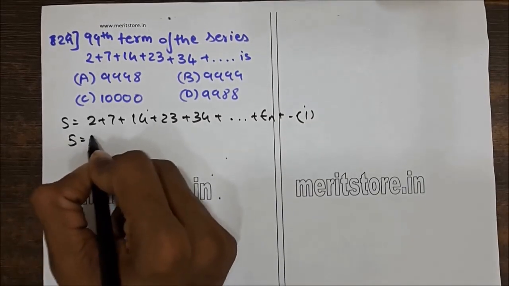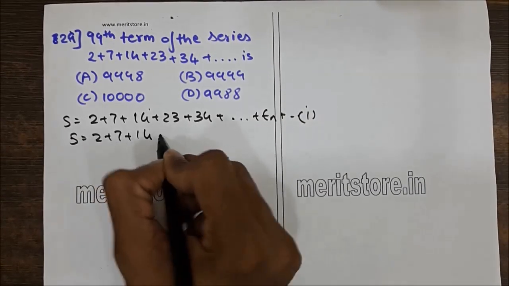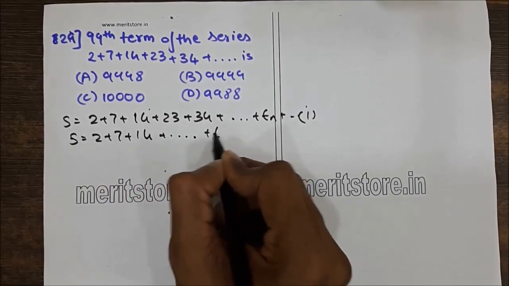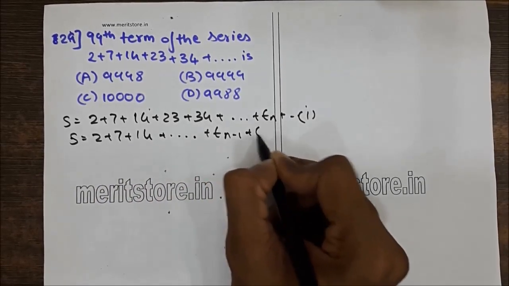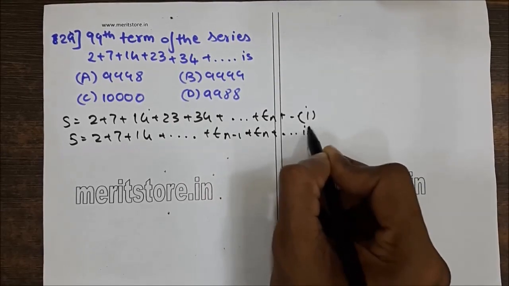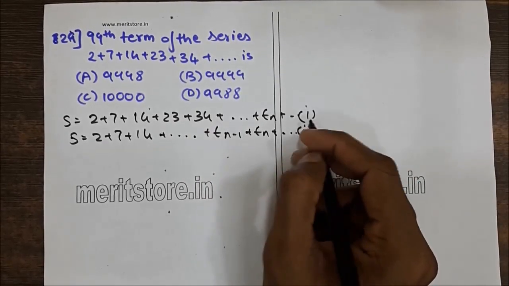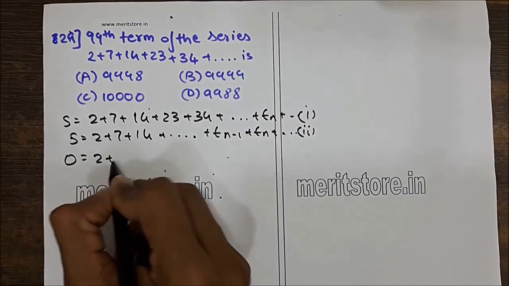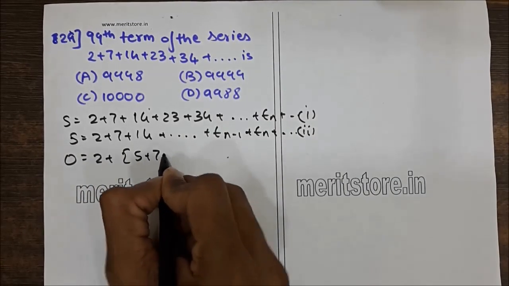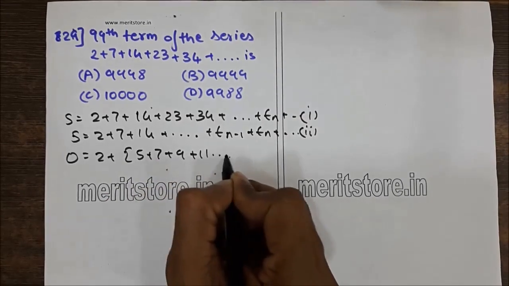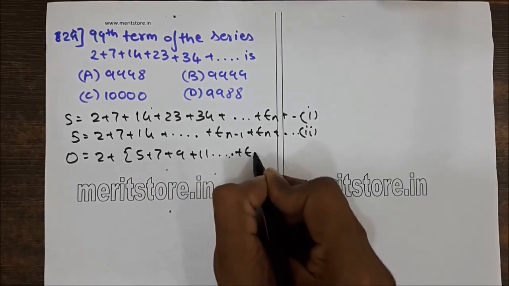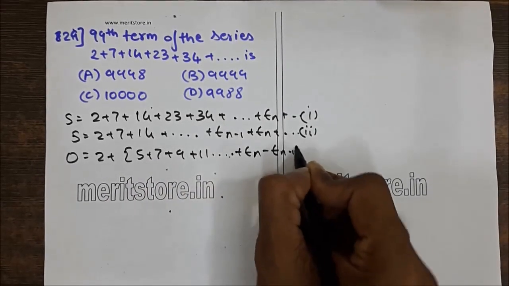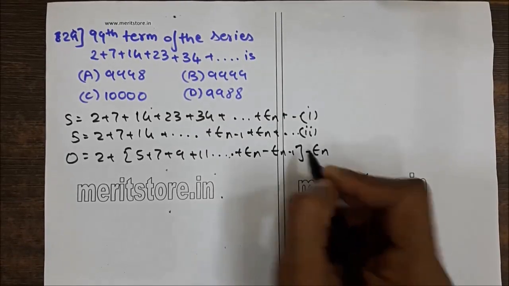And S is equal to 2 plus 7 plus 14 plus up to T of n minus 1 plus Tn be 2. So from 1 and 2, we subtract both, we get 0 is equal to 2 plus 5 plus 7 plus 9 plus 11 plus up to T of n minus T of n minus 1 minus Tn.